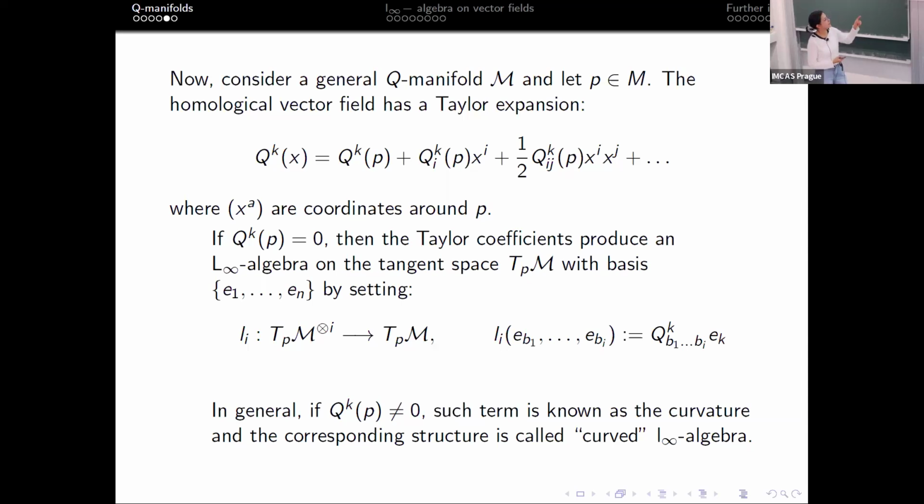Yes, I mean, L1 squared is not necessarily zero if you are not in the zero locus of the Q field. Okay. So Q squared is zero everywhere, but L1 is not. Yes. It is not zero everywhere. Yes. So you want to do a construction that works even away from the zero locus. Yes.